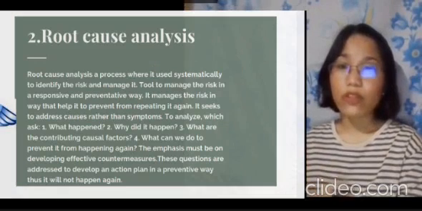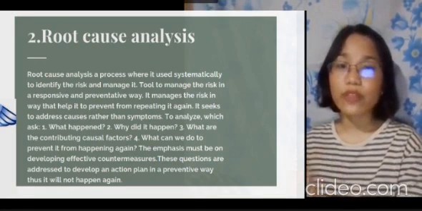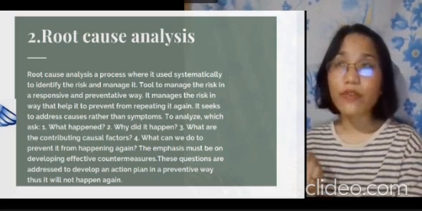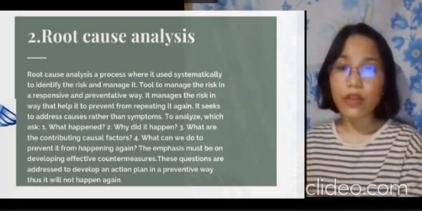Next is the root cause. The root cause is another way to say the essence of something, meaning we're going to find the root of why the risk happened. The root cause analysis is a systematic process used in identifying the fundamental risks that are embedded.